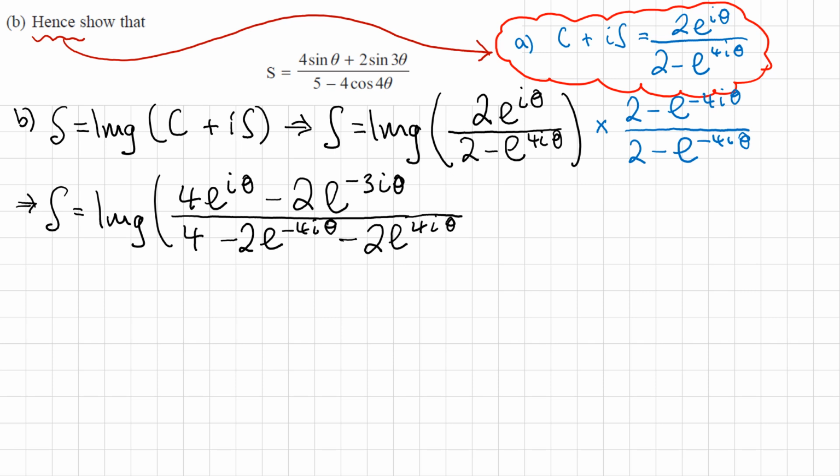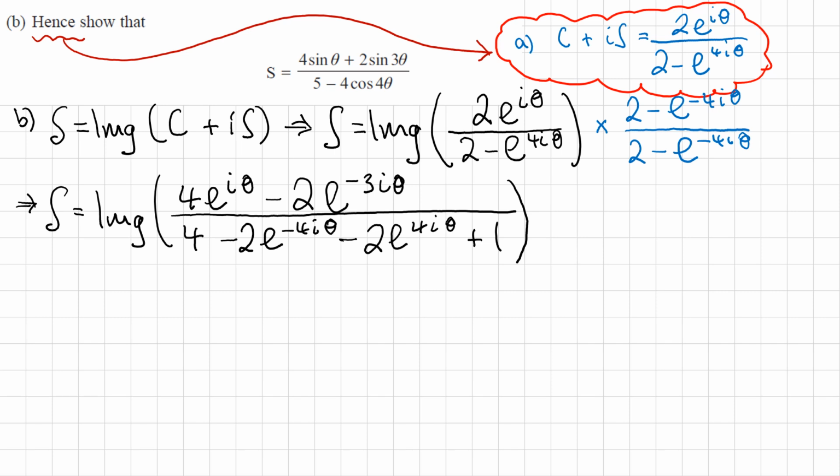The bit that's going to turn it into something real is when we do negative e to the 4i theta times negative e to the negative 4i theta. That will become e to the 0, which is just 1. So I'm going to put a plus 1 at the end, and make my fraction line a little bit longer.